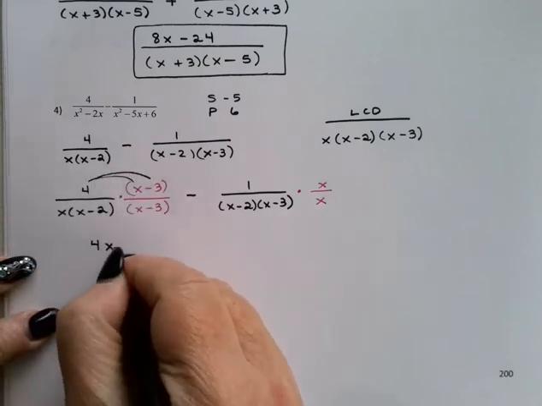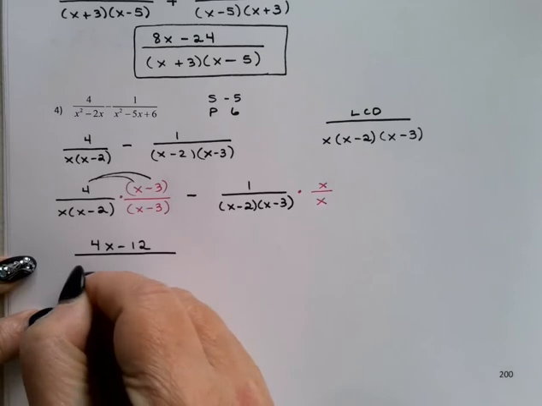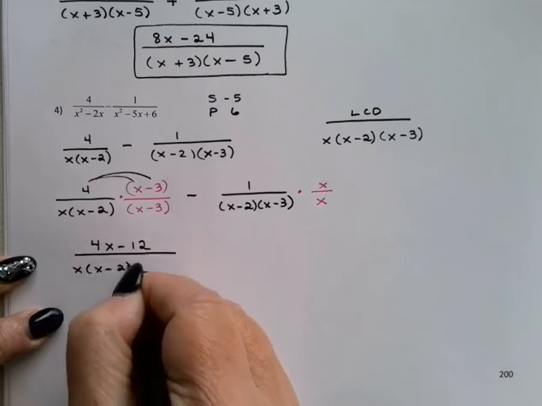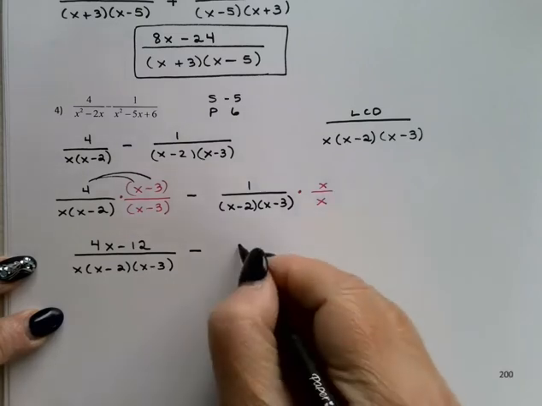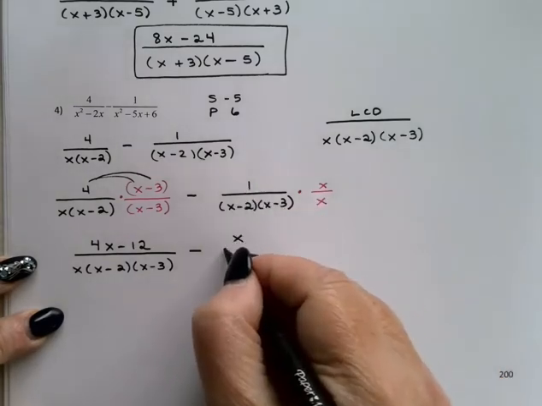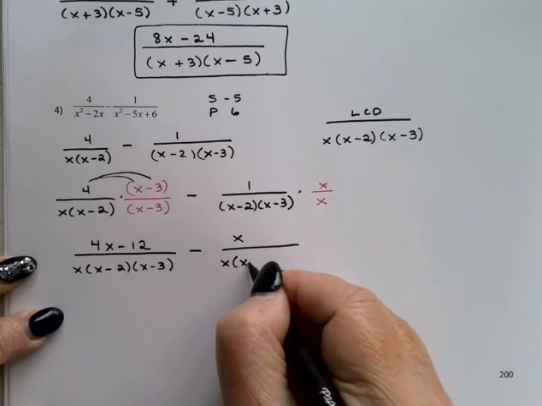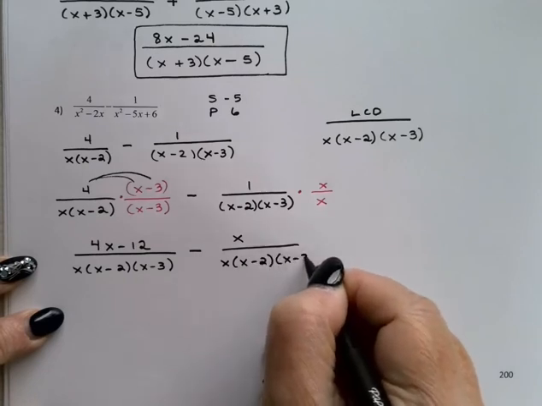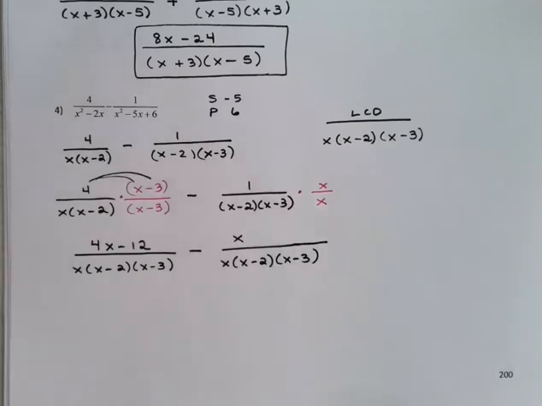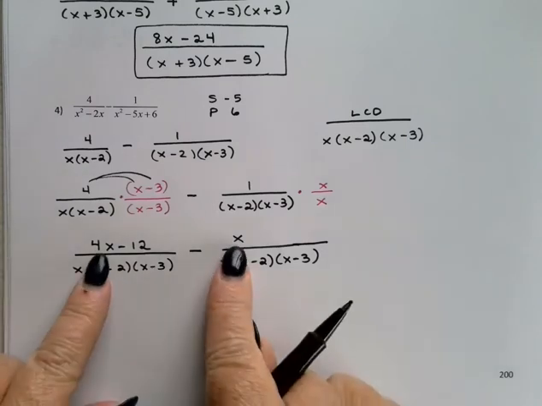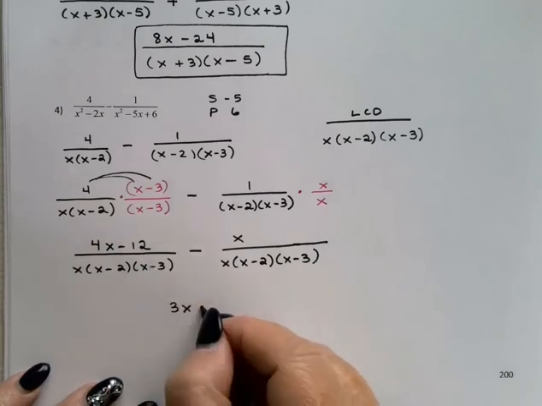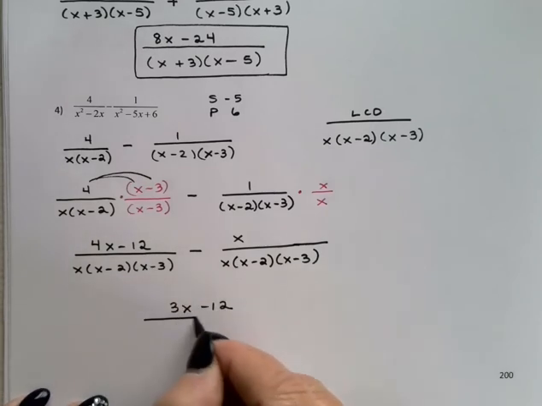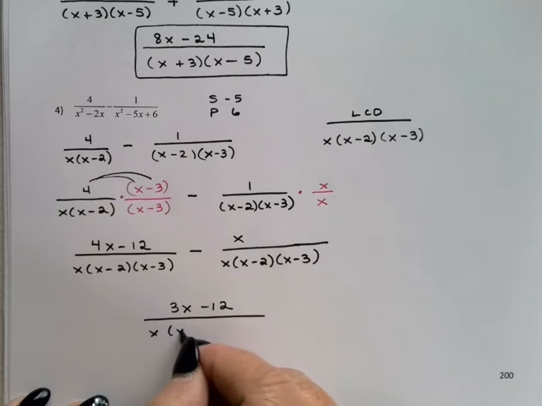First fraction gives me 4x minus 12 over my common denominator. And the second fraction just gives me a minus 1 times x, which is minus x, over that LCD. Again, it doesn't matter what order I write the factors in, so I'll just write them the same. 4x minus 1x would be 3x minus 12 over my whole common denominator.